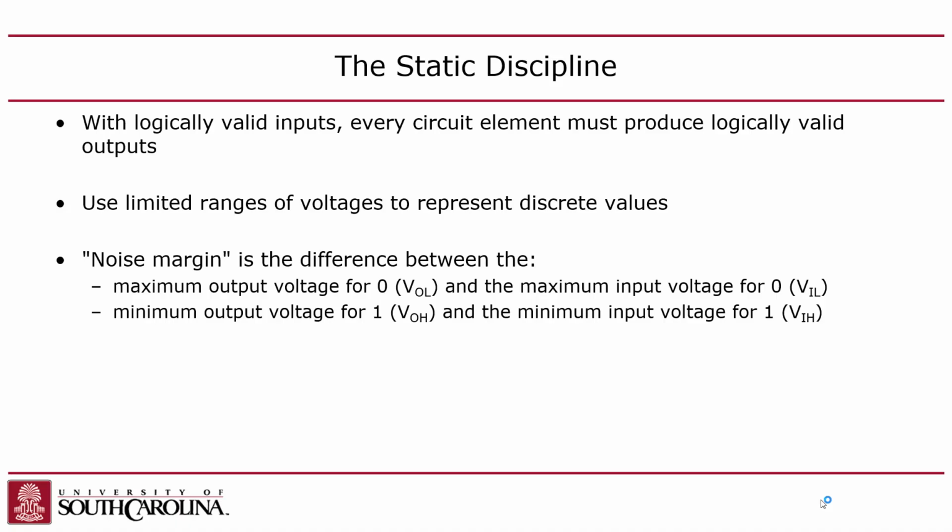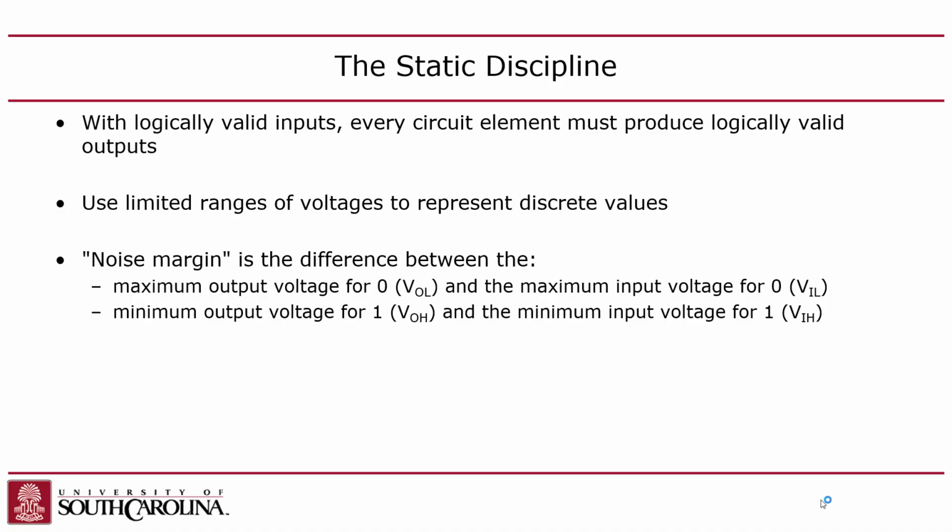The idea is that with these logic gates, ideally 0 is ground, 0 volts. But there's this notion of VIL, voltage input low, which is the highest voltage you can have and have it still be counted as a 0.